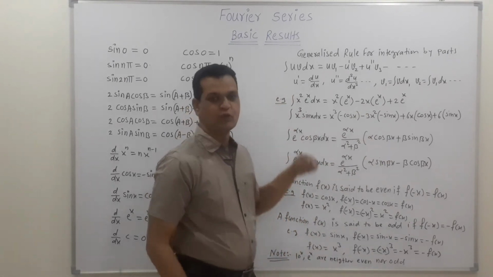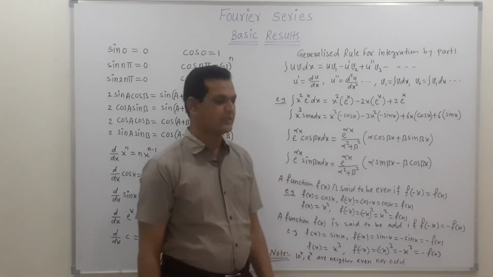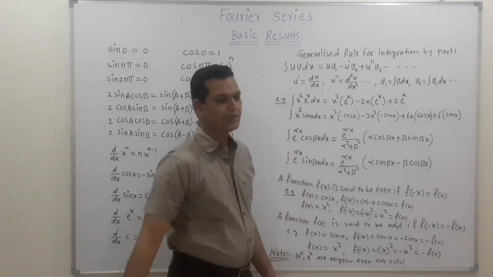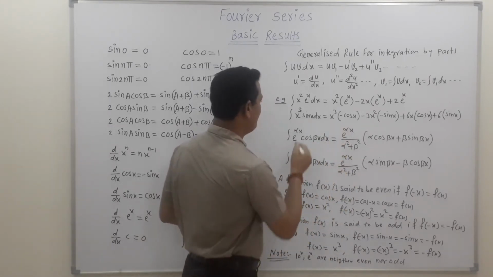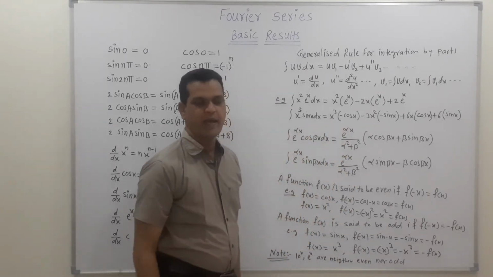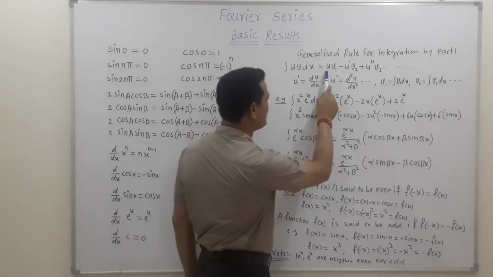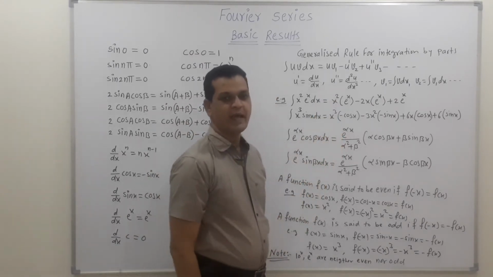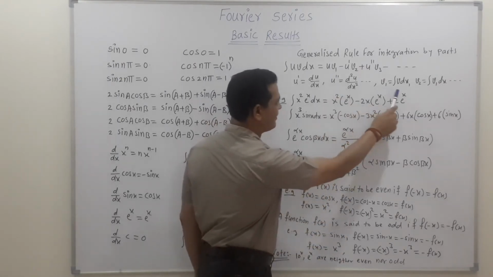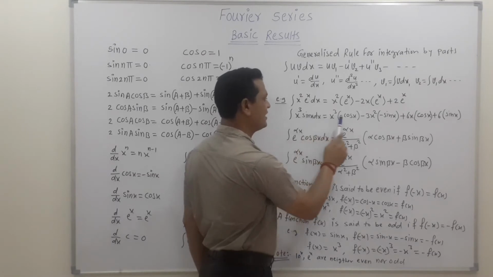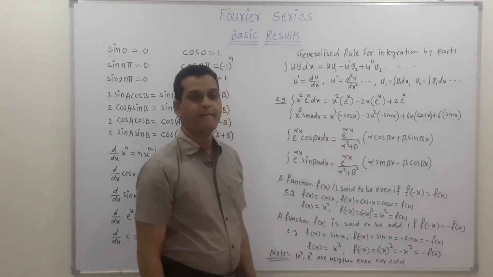Now one more example to understand this general rule is integration of x cube sine of x dx. Here u is x cube and v is sine of x. Keep u as it is, that means x cube as it is. Then v1 stands for the integration of v, that means the integration of sine x, which is minus cos x.